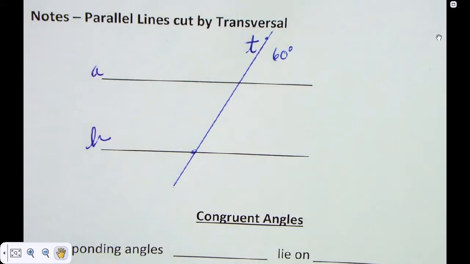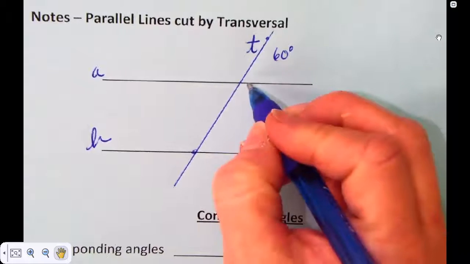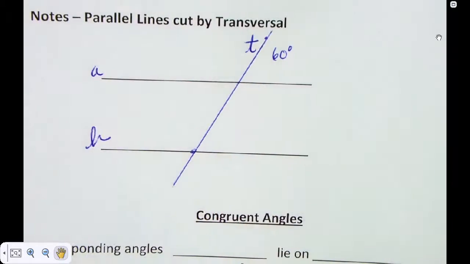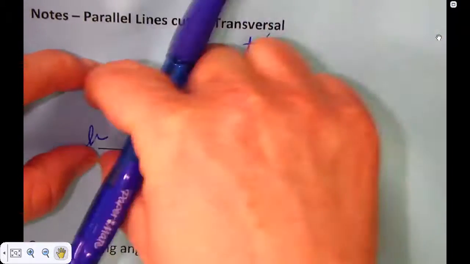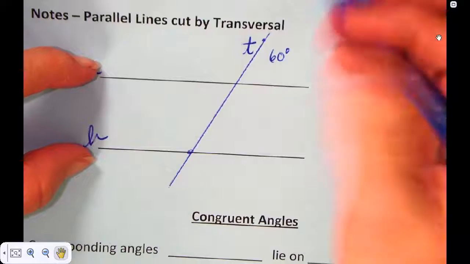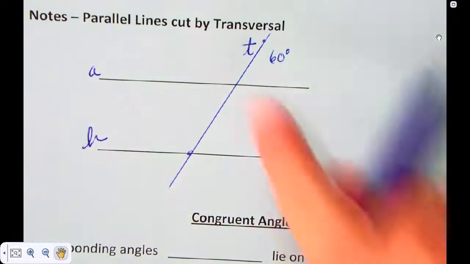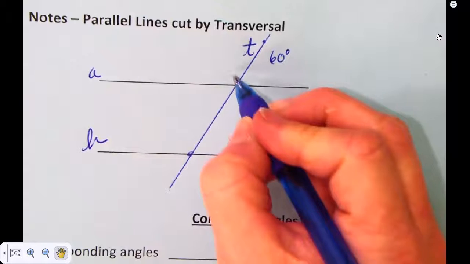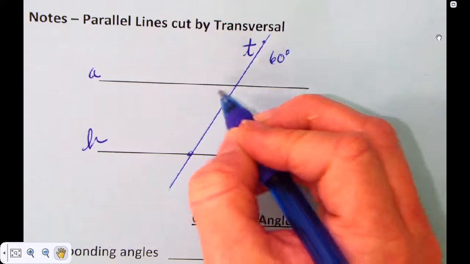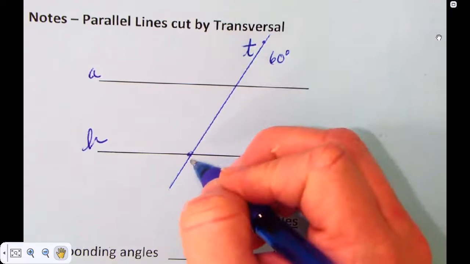What we have done by drawing this transversal is made 4 angles. Think about 2 roads, highways, 2 parallel roads. We have created 2 intersections. So how many angles are at this intersection? 4, and there's 4 down here.